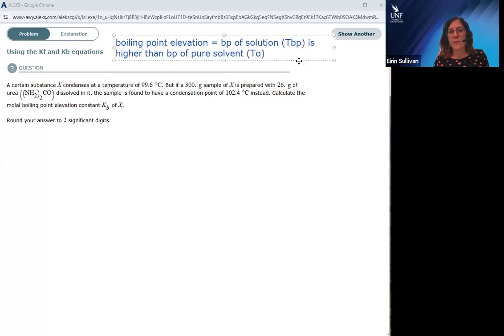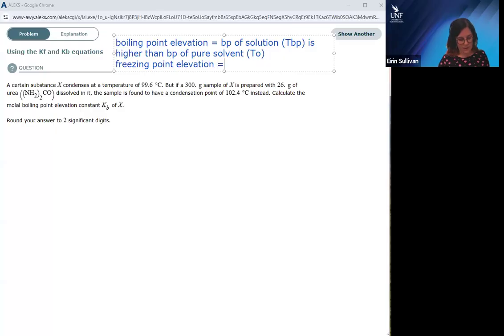Freezing point depression is the same kind of phenomenon, but at the other end of the scale: a solution is going to freeze at a lower temperature, which is why salt is able to melt ice on roads, right?